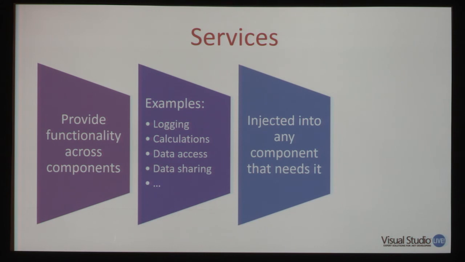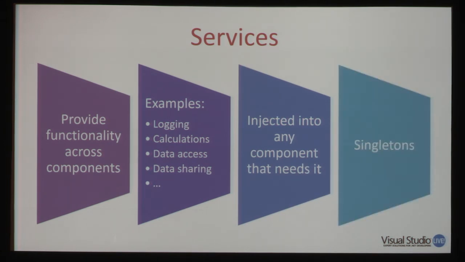So we would just say, okay, I'm creating a movie service, injector, I want you to know about this service, and then any place we need it, like in our movie list component, the movie list component says, I need it, so give me an instance of it. And that instance then can be a singleton, meaning that it's one instance that all of them are sharing. So if you set data in there, if you set x equals to 5 from one component, the other component also sees x as 5. So it'll share that data across.